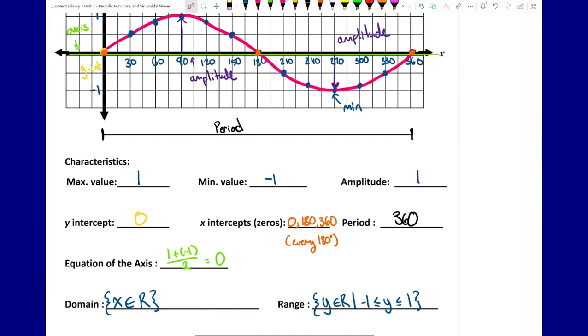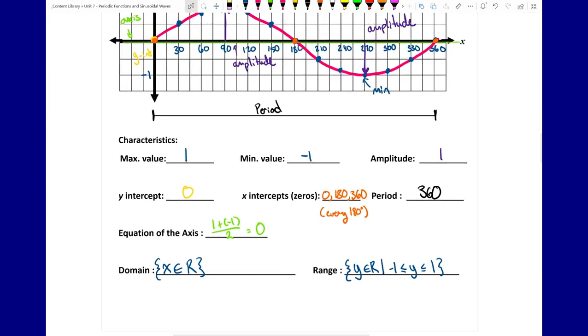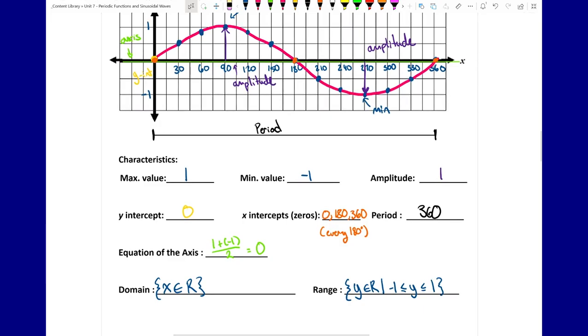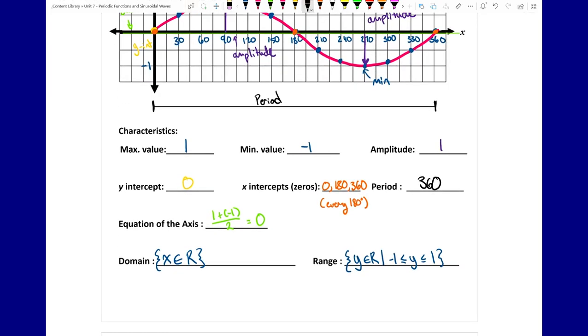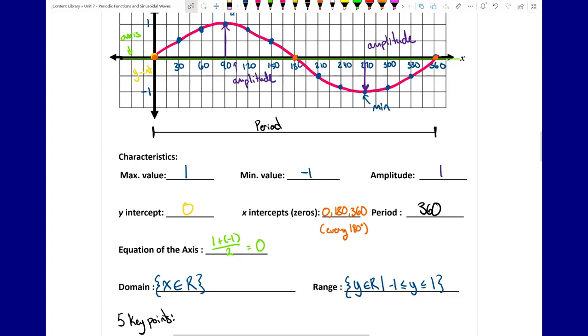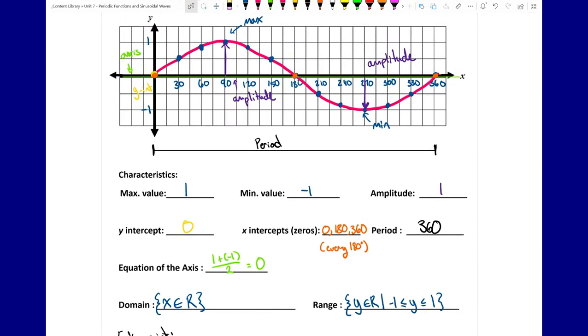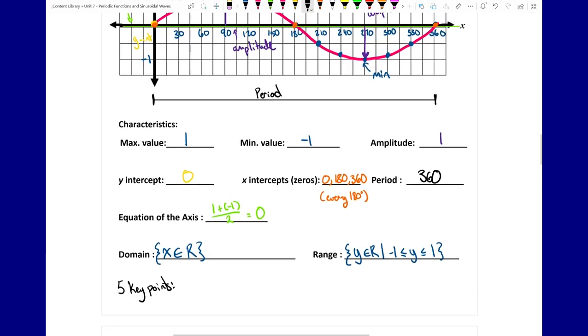The last thing we want to do is identify 5 key points. So 5 key points that we want to be aware of for our sine wave is where the value is 0, and where the value is 1 or -1. So we have 0, 0 for our first point. We have 90 and 1 for our second point.